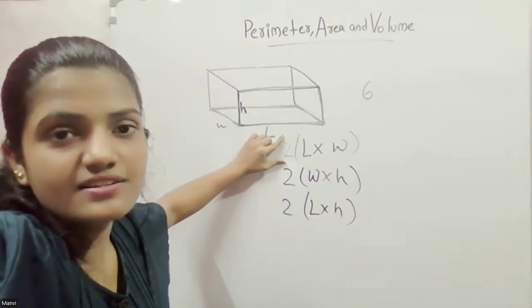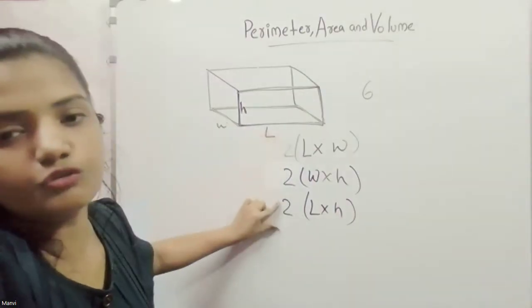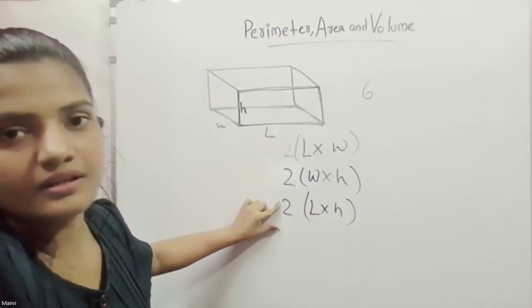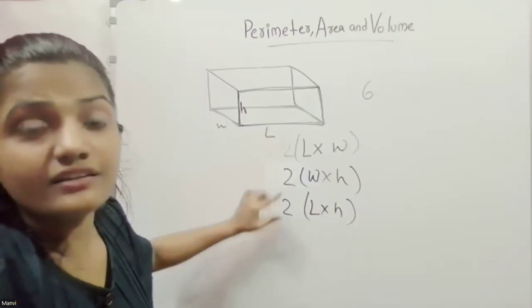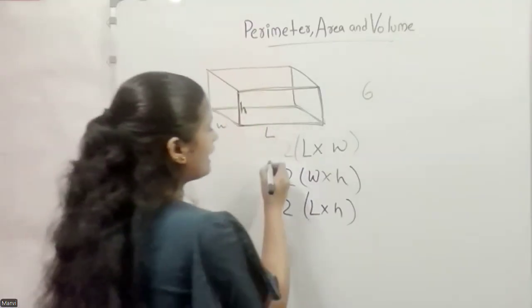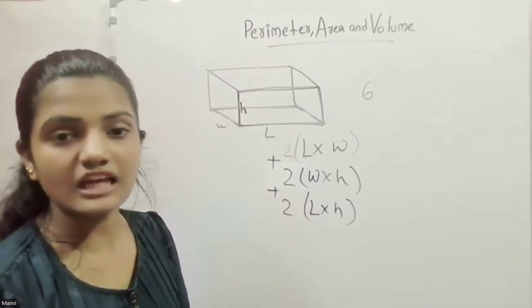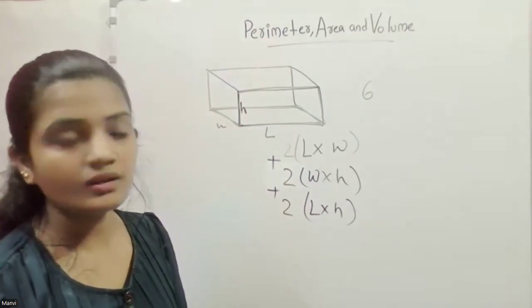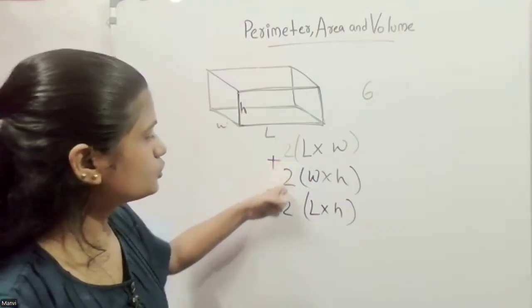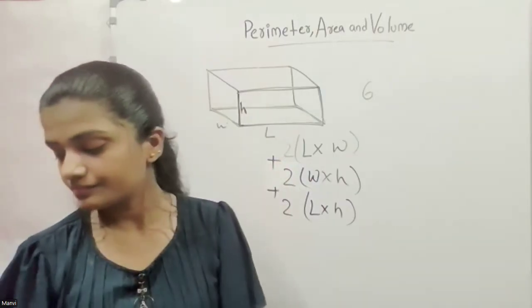Kavya, 6 faces. Two faces look like this, two faces look like this, two faces look like this. And if we want to calculate the total surface area, we need to add all these 3. And you agree we have 2 common in this?